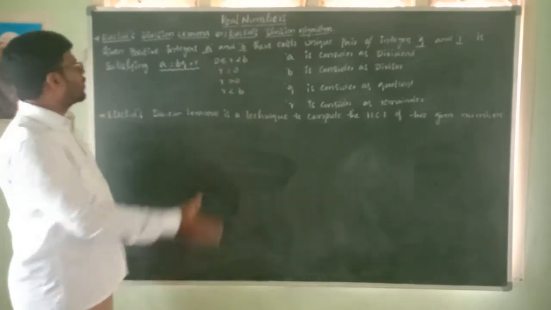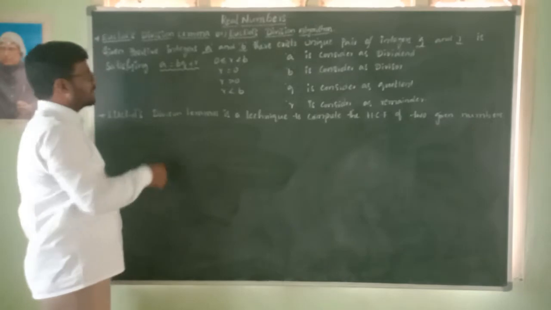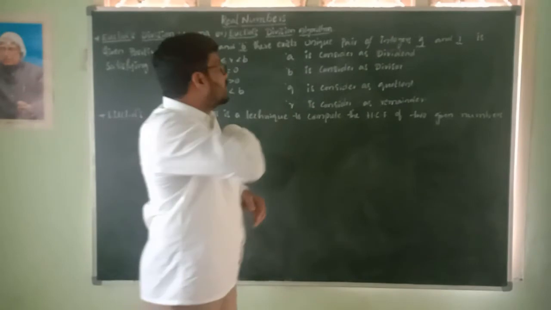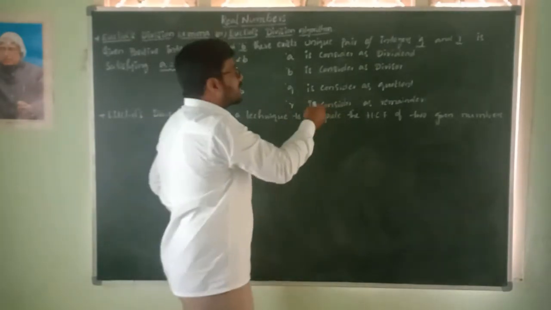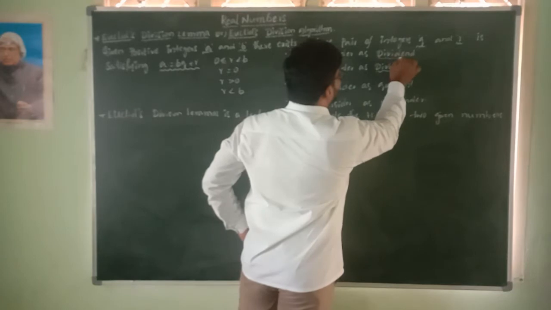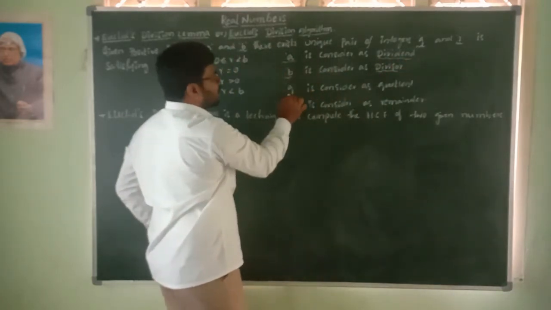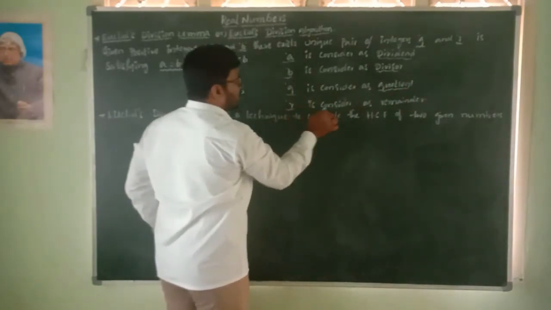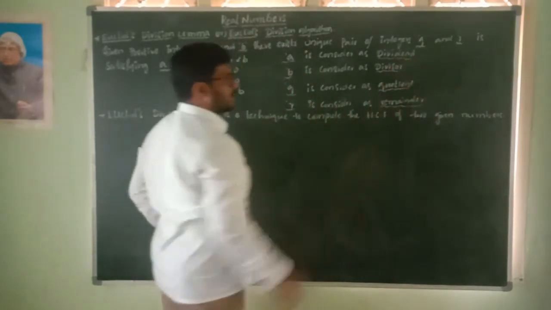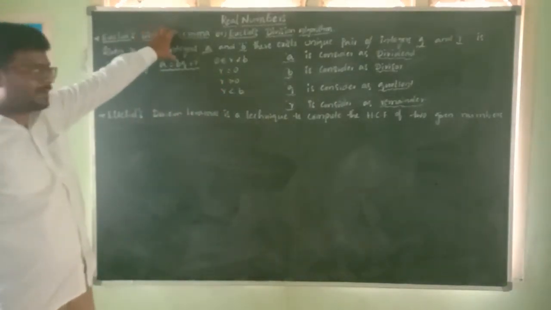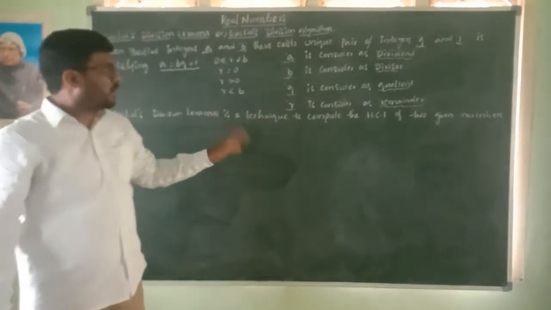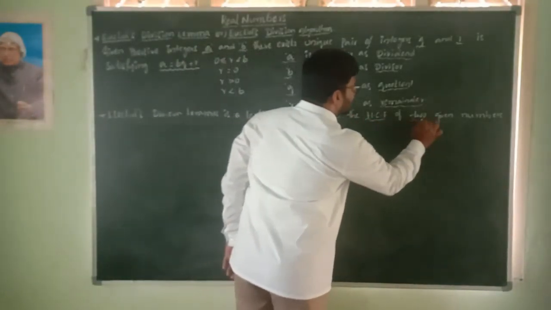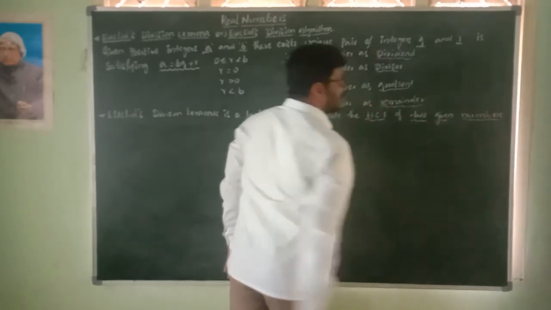According to the Euclid division lemma condition, a is the dividend, b is the divisor, q is the quotient, and r is the remainder. This Euclid division lemma is used to compute the HCF of two given numbers.